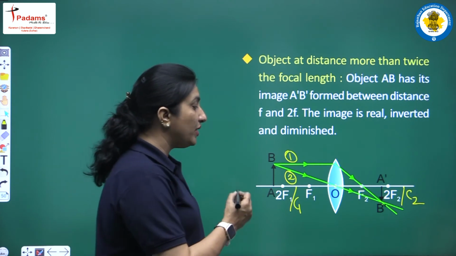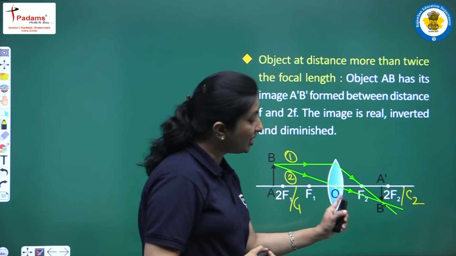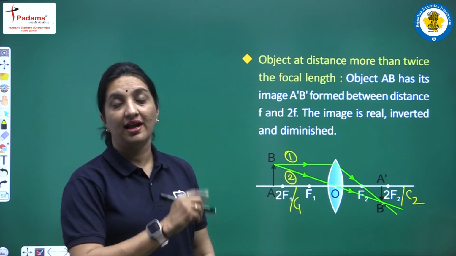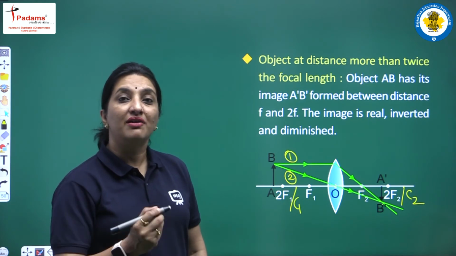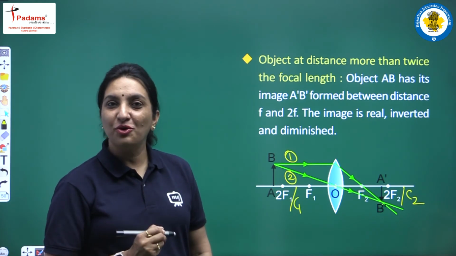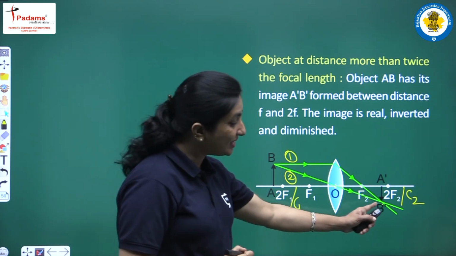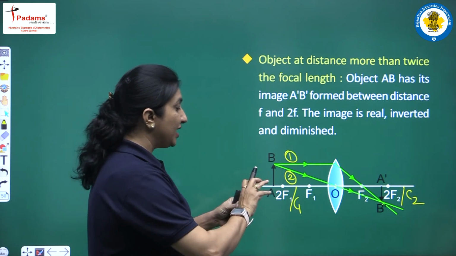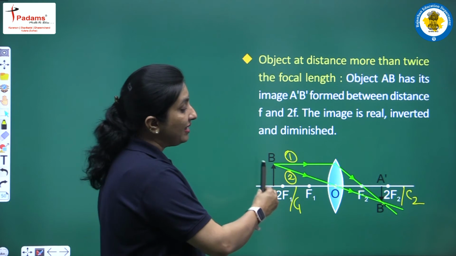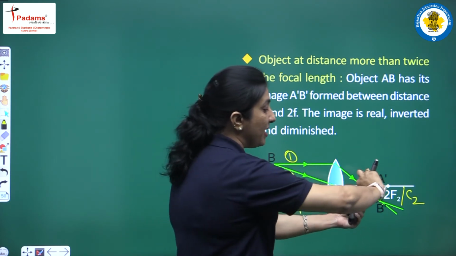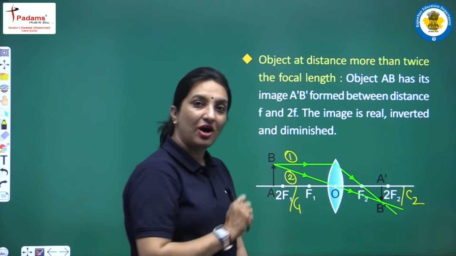Now students, what we see here is that the rays of light after refraction are actually meeting. So we will have a real image, and as we know all real images are always inverted, and here again we see that the object was having its head upwards, it was upright, but here the image is inverted, that is its head has turned downwards.